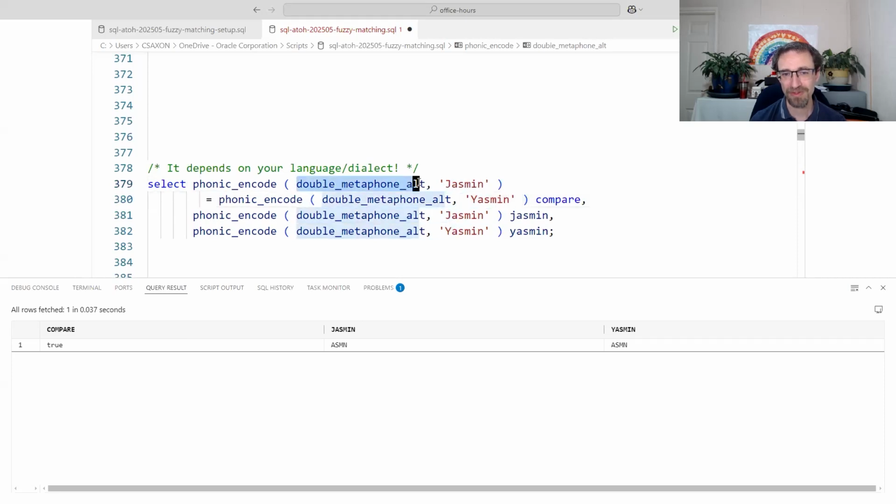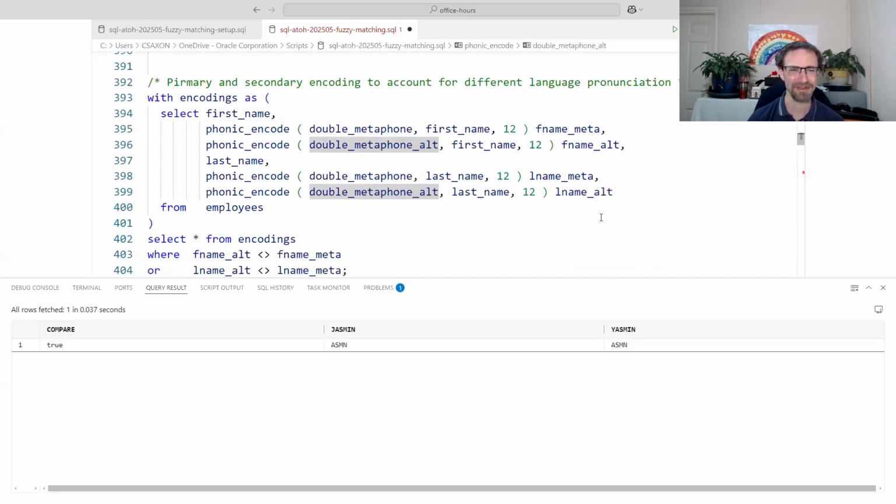And if we look at the alternate double metaphone, it does say that these are the same. They are in fact both Yasmin, right? And they encode to the same string. So we also have another way to find things which sound similar depending on what your dialect is.